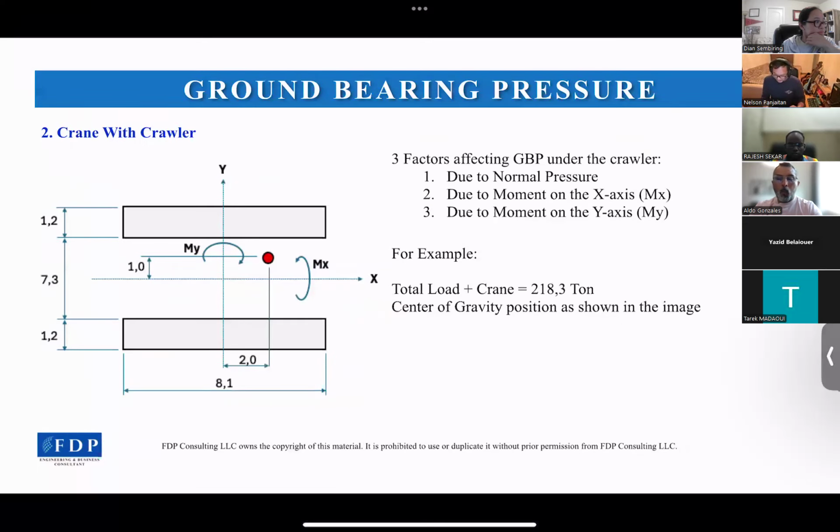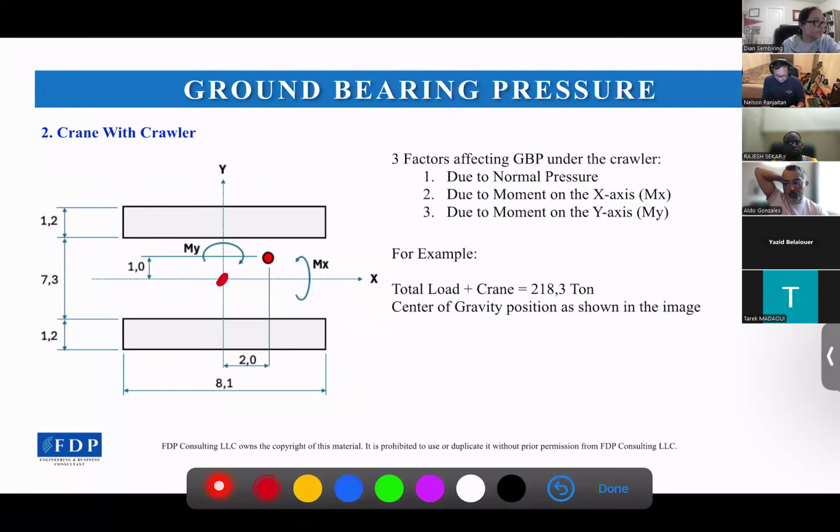For this case, I use the center of the slewing. If we use another point, do we have the same results, or will the result be different? It should be the same. Okay, thank you.